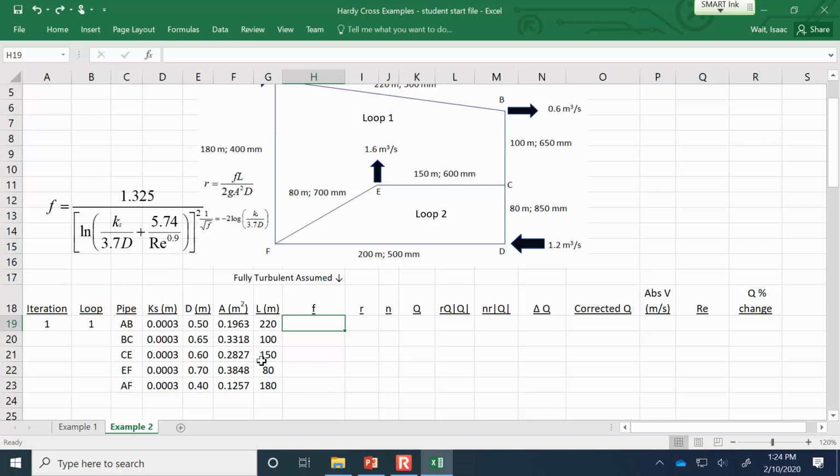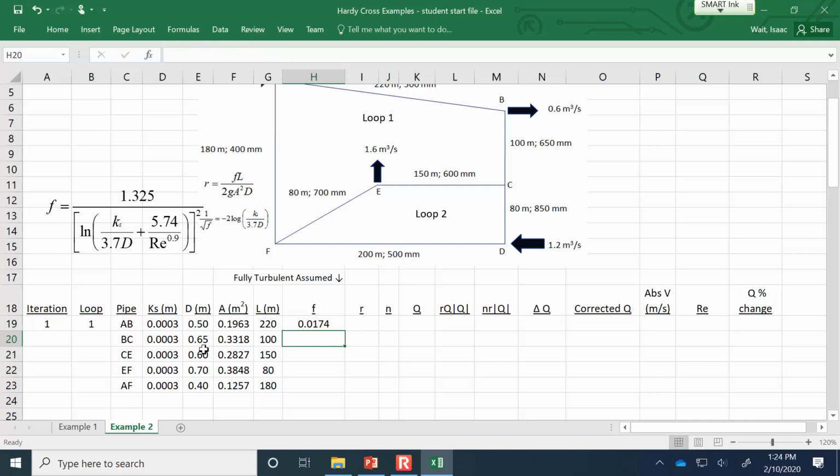I'll do 1.325 divided by the logarithm of K sub S divided by 3.7 divided by D, close that, and then square the logarithm.